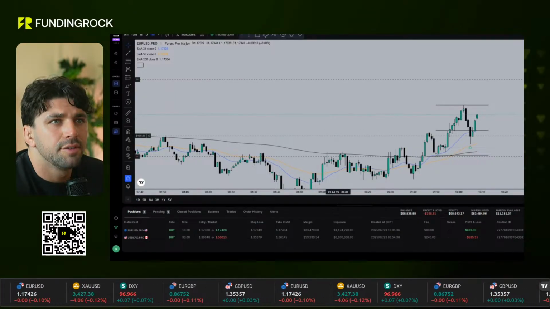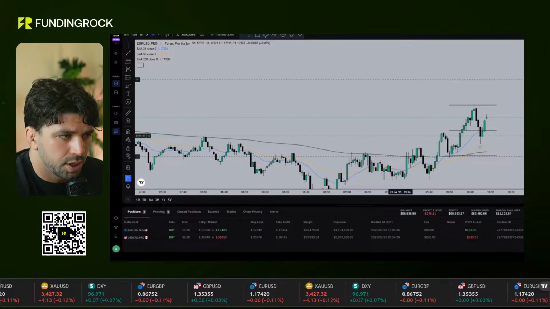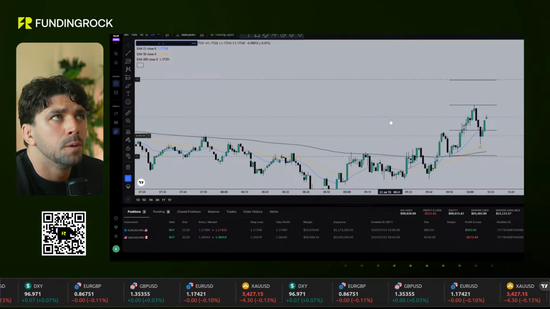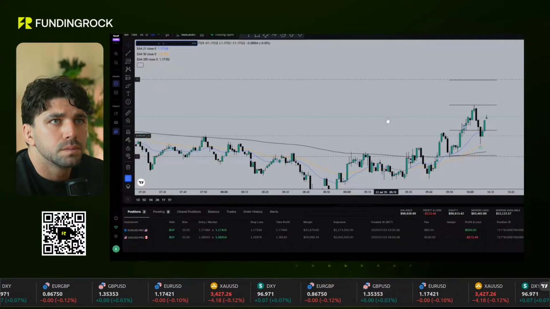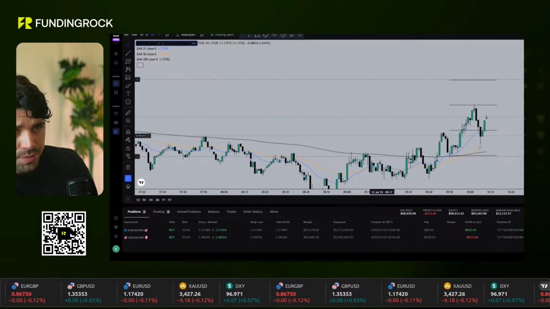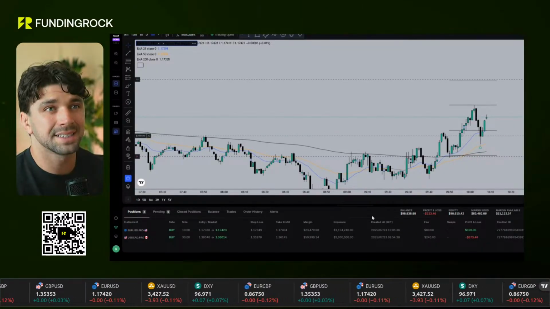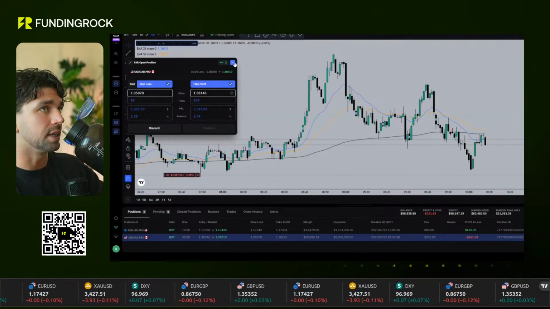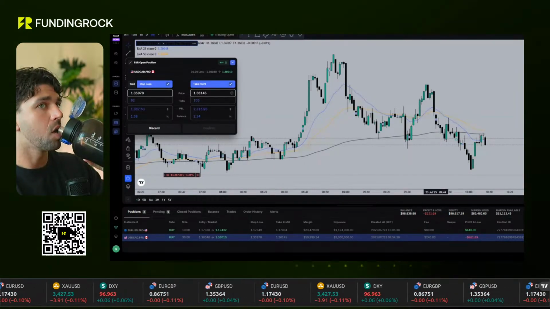Tell me what you're looking at. At the moment it looks good. Euro's pushing up. CAD trade's actually holding, which is interesting.